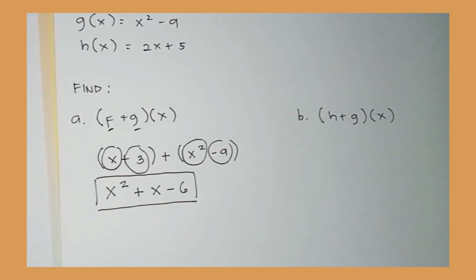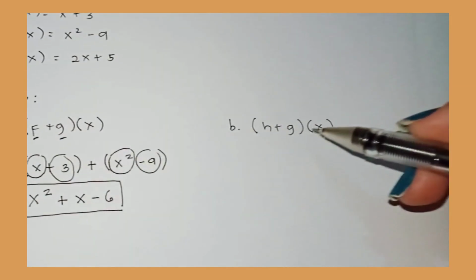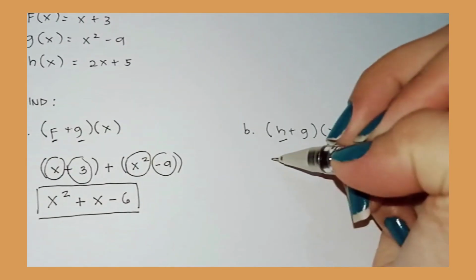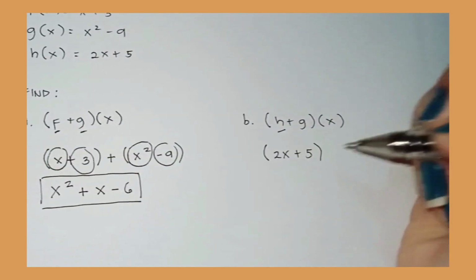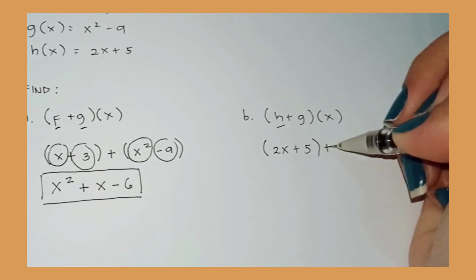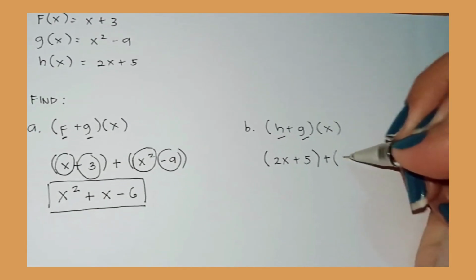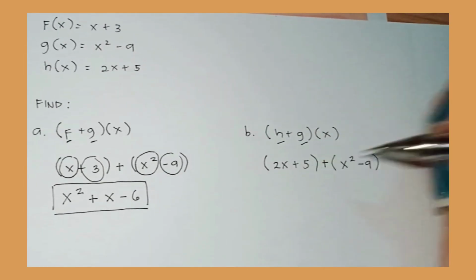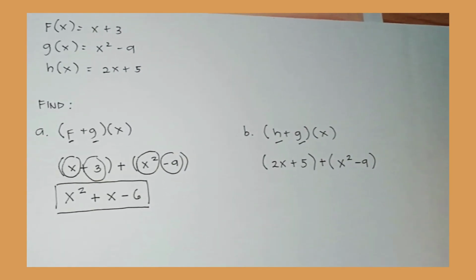Another example is letter B. We're given h plus g of x. Yung naunang letter ay h. Ang h natin ay function 2x plus 5. Copy the operation, addition. And then, g, or the function of g is x squared minus 9. Yung h, 2x plus 5. Yung g, x squared minus 9. Then, combine like terms tayo.